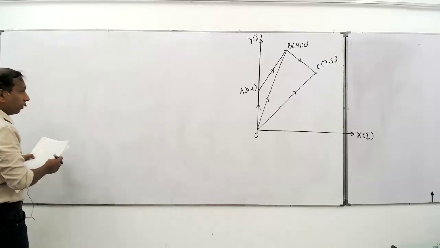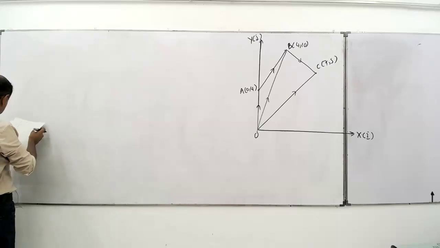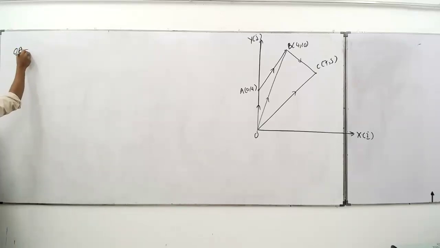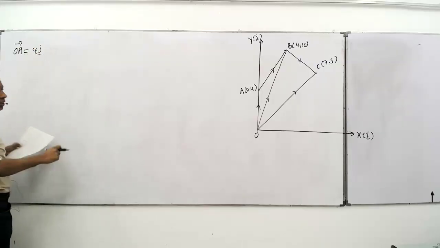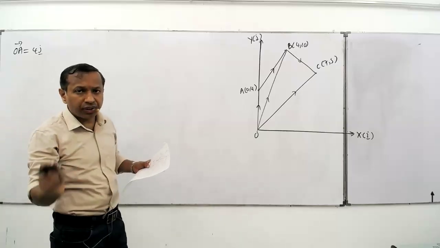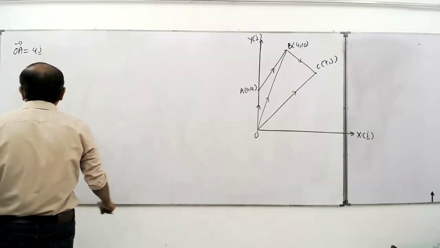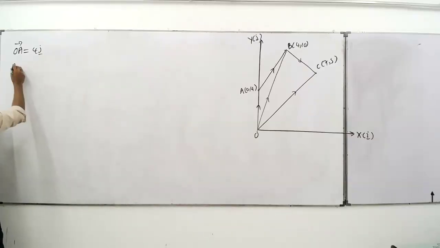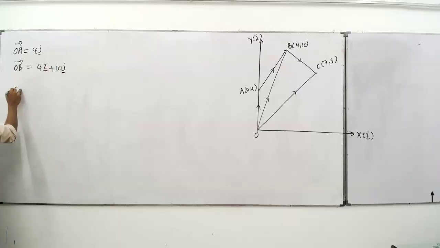How do you write the position vector when the coordinates are given? The x coordinate times i plus the y coordinate times j. This is the way of writing a position vector in terms of i and j. OA is 4j, OB vector is 4i plus 10j, OC is 7i plus 5j.